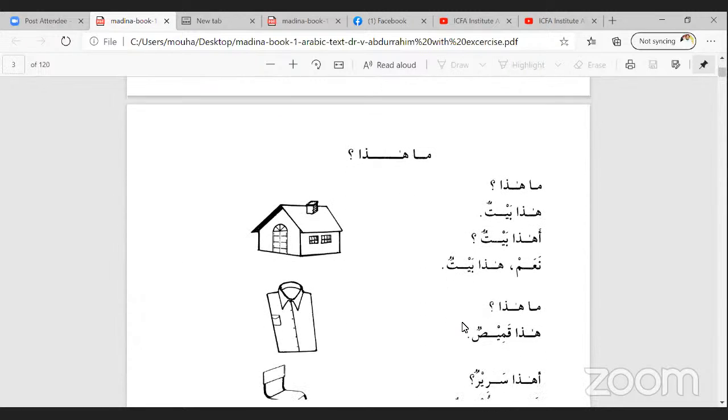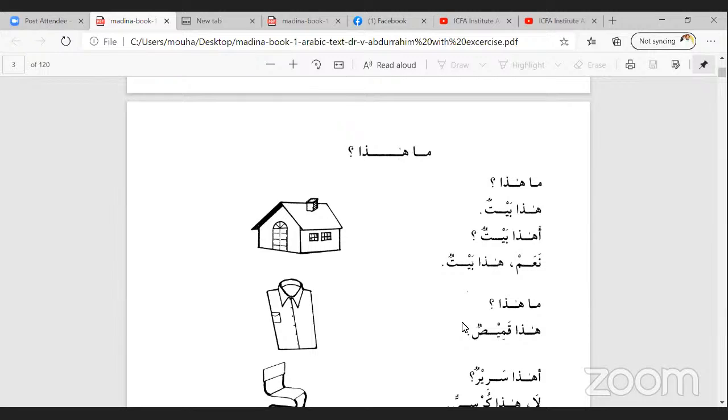Now we're going to the next page. And what do we have here? We have ما هذا, with a question mark.